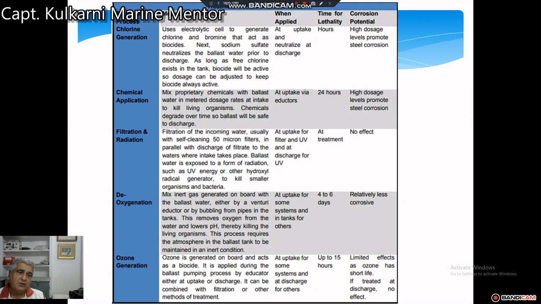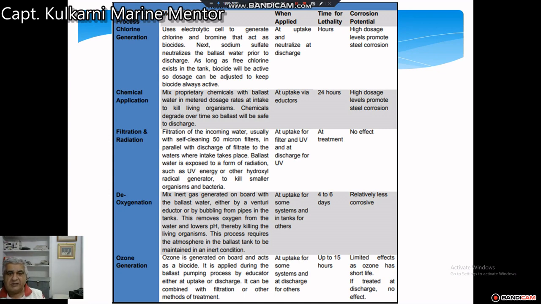What are the methods through which the treatment can be carried out? Number one is chlorine generation. We are using chlorine, chemical application. Third is filtration and radiation, in which we use filtration and also pass UV rays to kill all the pathogens.